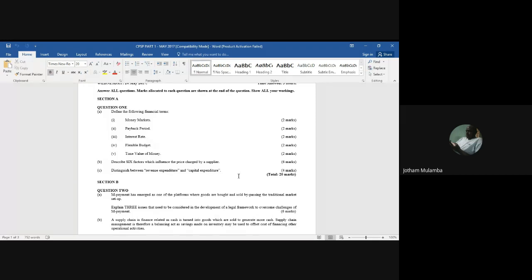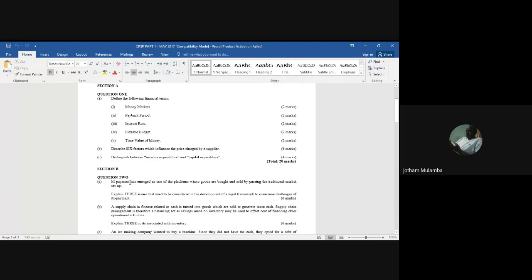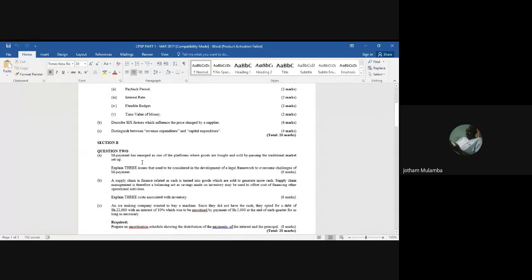So we have handled question 1. We can move on to question 2, unless there's any question pertaining to question 1. If there's none, we can move on to question 2. So section B: M-Payment has emerged as one of the platforms where goods are bought and sold, bypassing the traditional market setup.